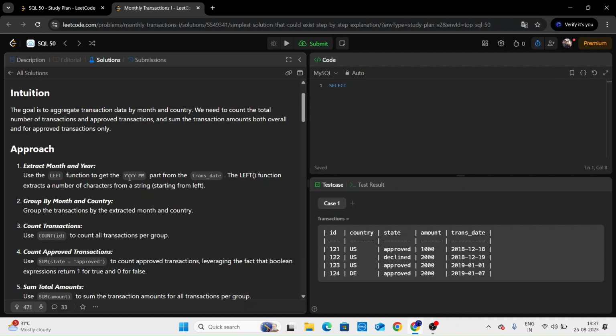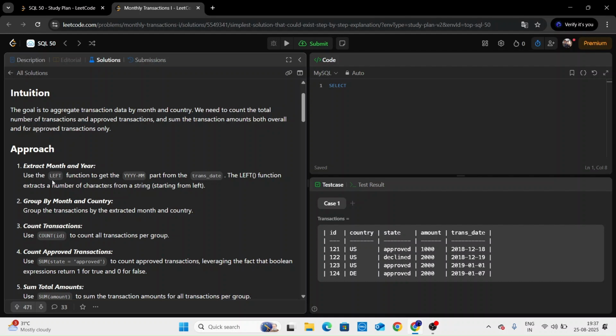The LEFT function is used to get the year-month part from the transaction date. The LEFT function extracts a number of characters from a string, starting from the left. Okay, so we can use the LEFT function.